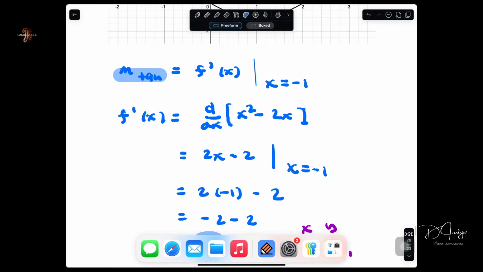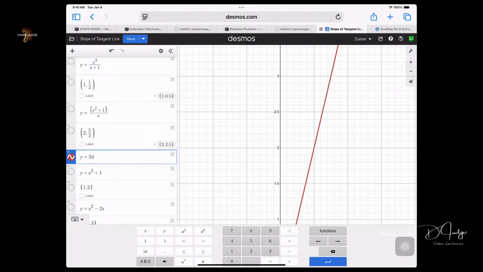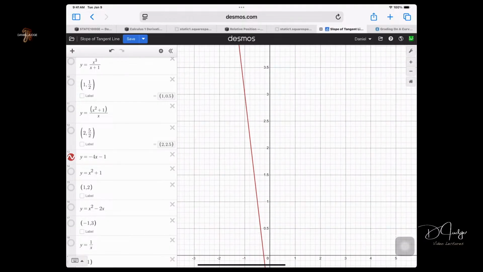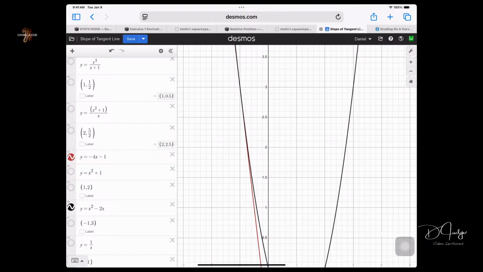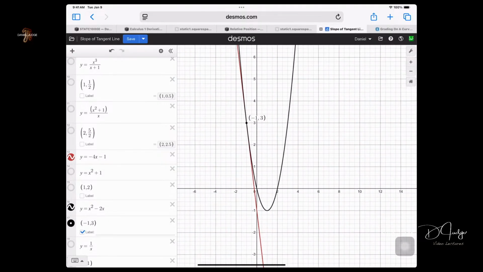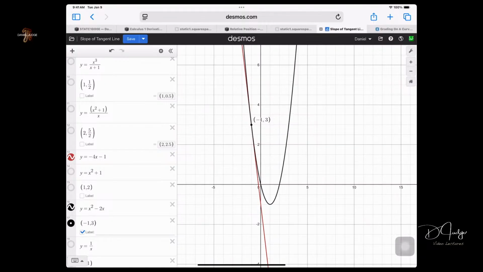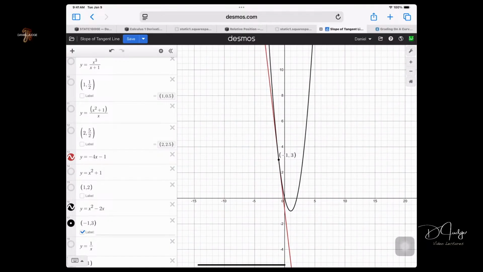Let's go to Desmos here so I can demonstrate to you guys. Let's double check here. Sure enough, yes, you can see that this is a tangent to the curve, barely touching, barely kissing at -1, 3.